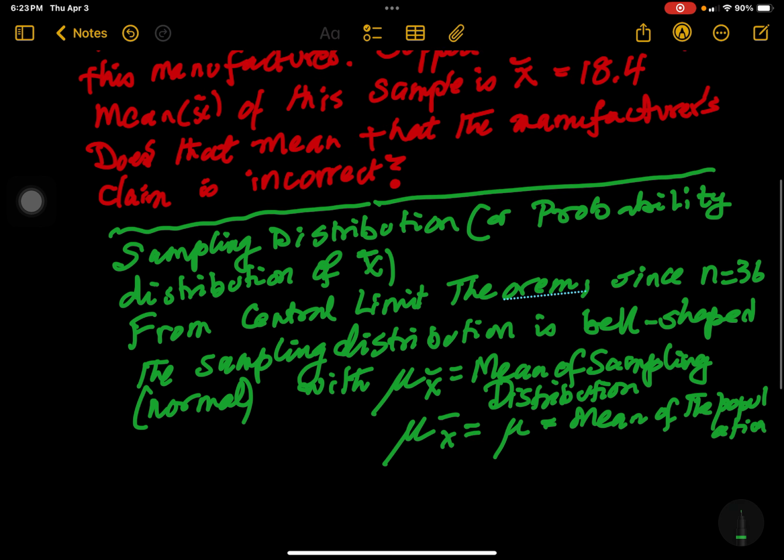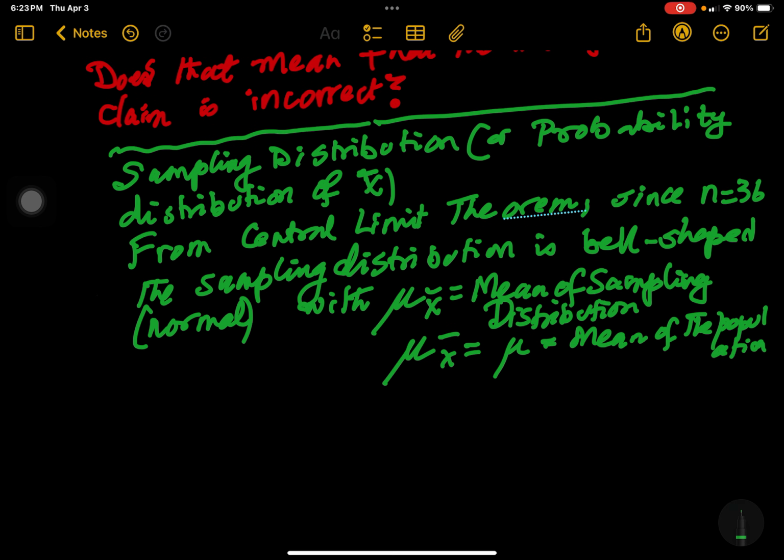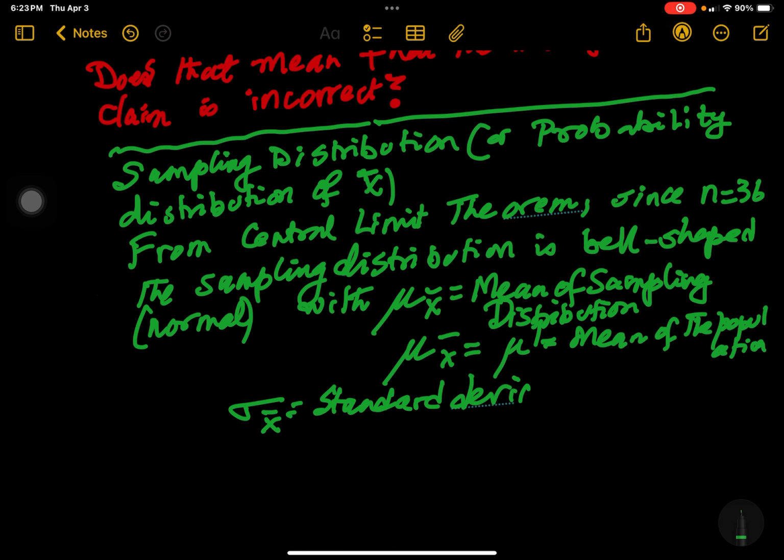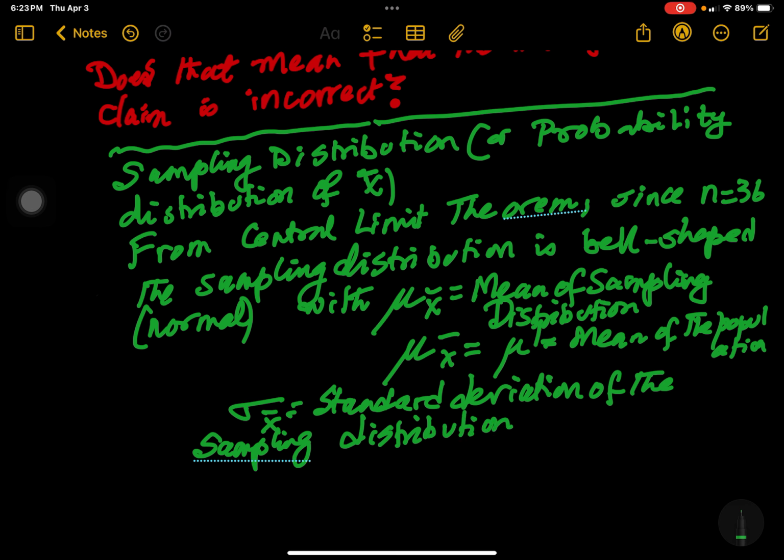Further, we also know from central limit theorem, when n is greater than 30, sigma x bar, which is the standard deviation of the sampling distribution, is equal to sigma divided by square root of n.